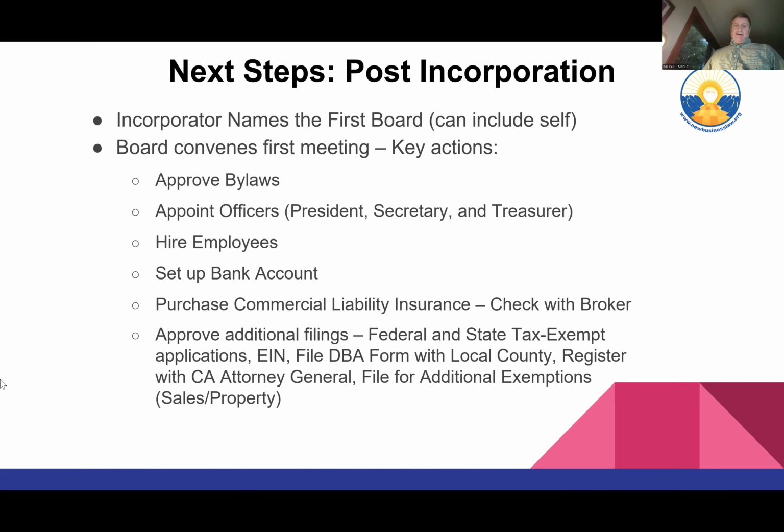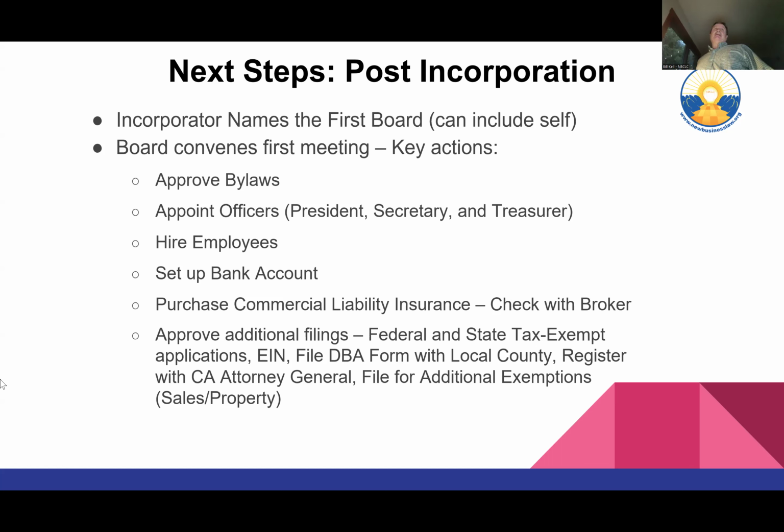We'll go over these filings a little bit more later, but none of the filings are very expensive. I think the biggest expense is just the Attorney General's filing is $25. So yeah, we are really talking about $30 for forming the corporation and maybe another $100 worth to complete all your filings. But otherwise, it's a relatively cheap incorporation process.